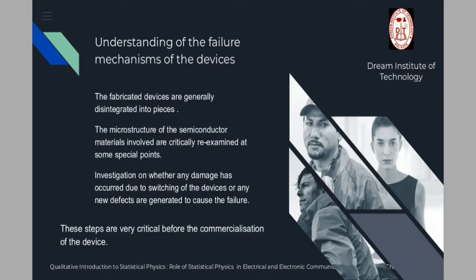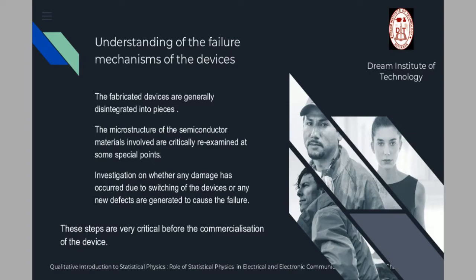The operation of the devices with such high defect density is no longer consistent. The devices operated for longer times are observed to fail before their lifetime itself. This is where the physics comes in.